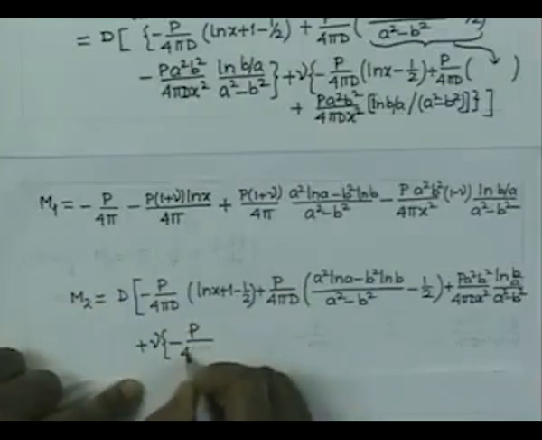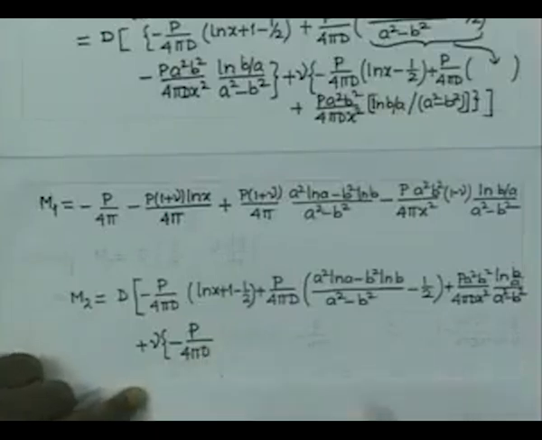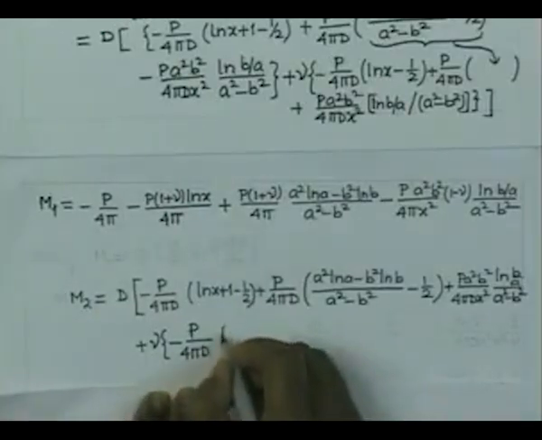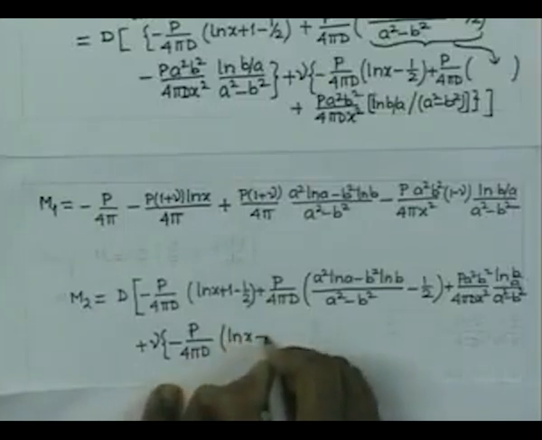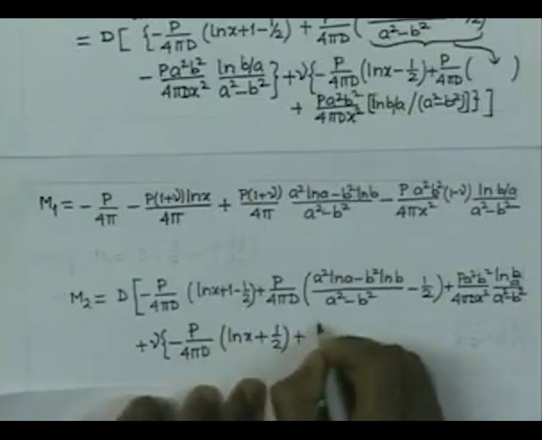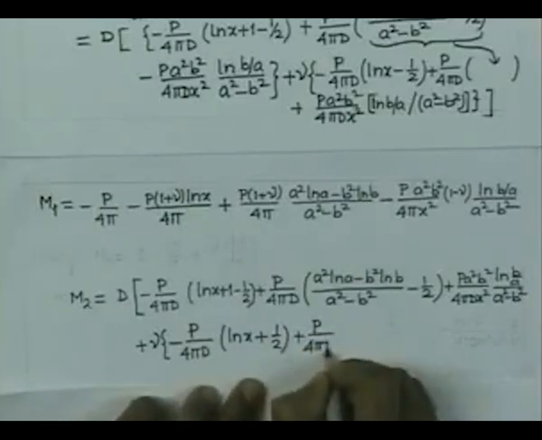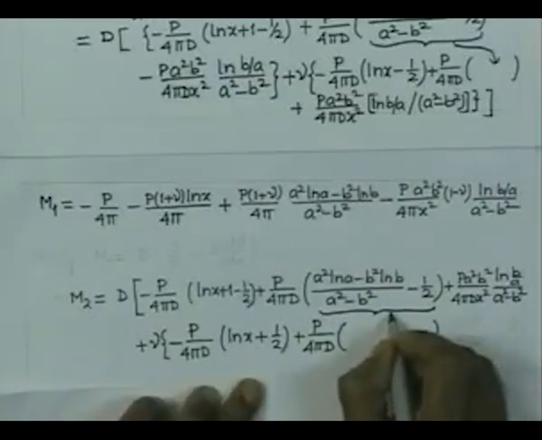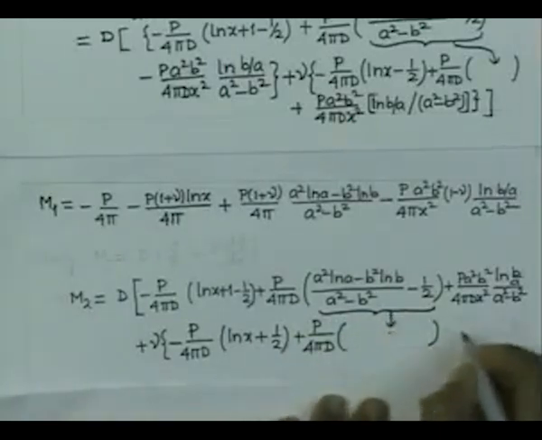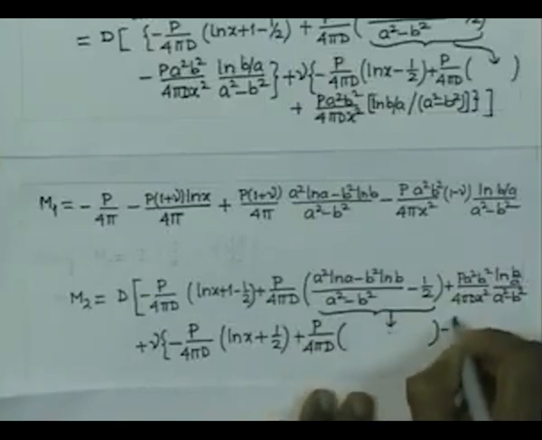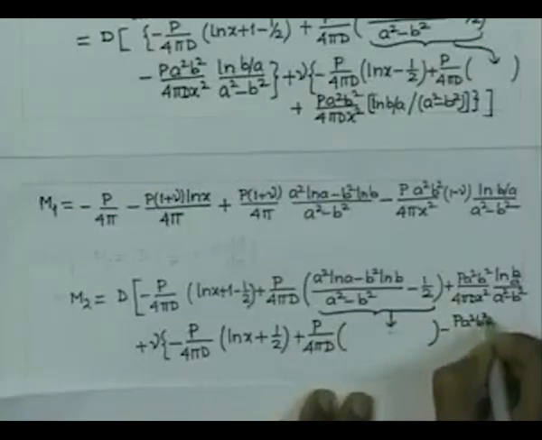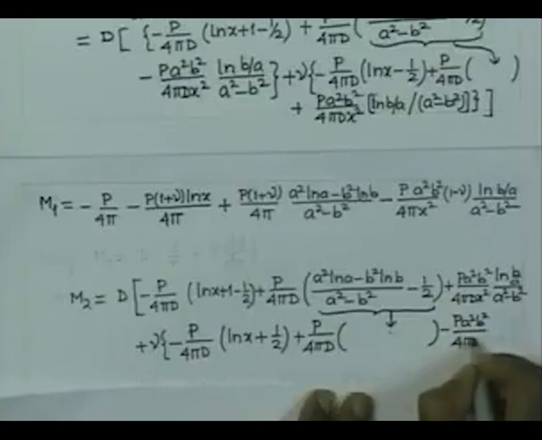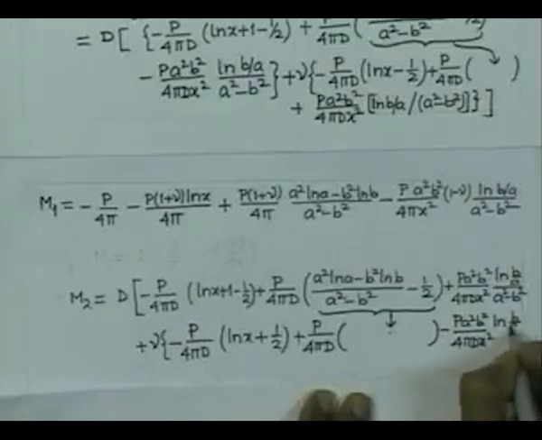Nu times d phi dx gives us nu into minus p by 4 pi d ln x plus half plus p by 4 pi d into, again we will have this expression coming here. So, we can avoid that same expression, and then minus p a square b square by 4 pi d x square ln b by a square minus b square.